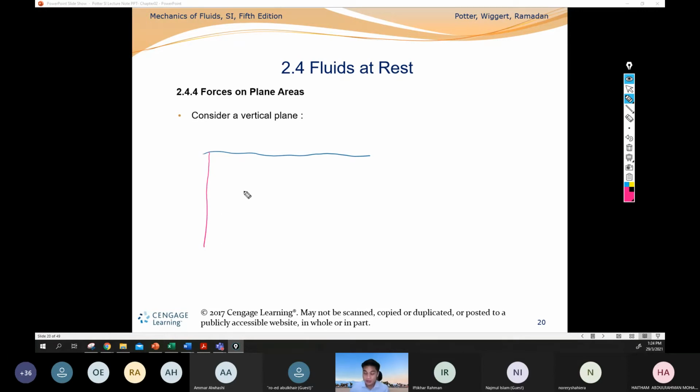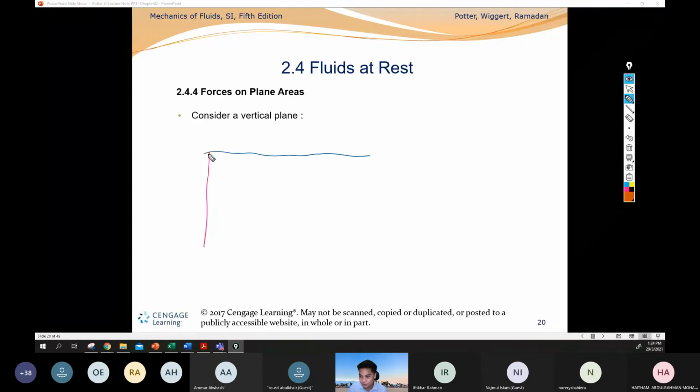So what do you think of the pressure variations? Anyone would like to give your answer? What will be the pressure variation? What does it look like? It increases. Increases. All right. So the pressure at the top, what is the pressure at the top surface? Equal to atmospheric.